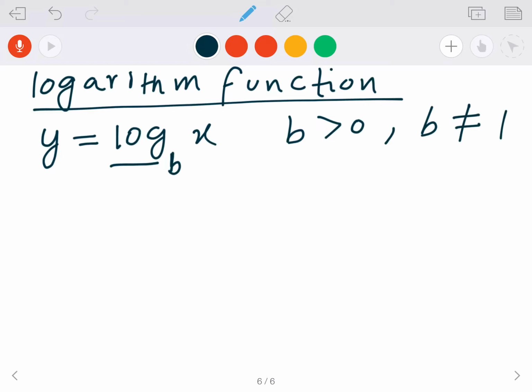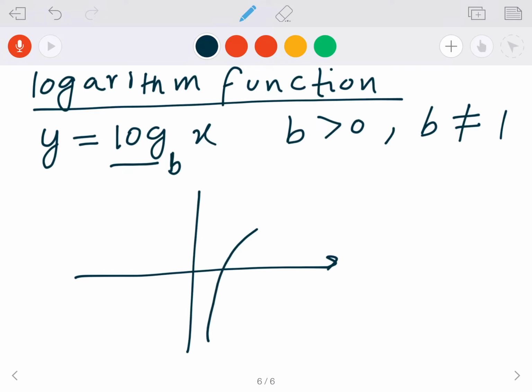And this one also has a standard graph. In this case, the graph is like this, that goes through the point 1 comma 0. The graph is always like that if b is greater than 1.